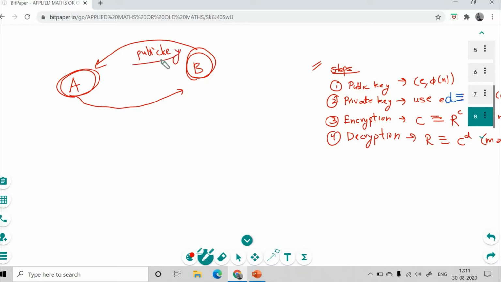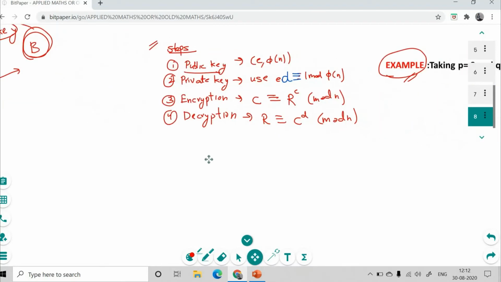So the very first thing to find is public key so that you can send a certain message, right? Then A uses a private key to send message to B, so that in the meanwhile process encryption and decryption happens. In this process encryption and decryption happens.